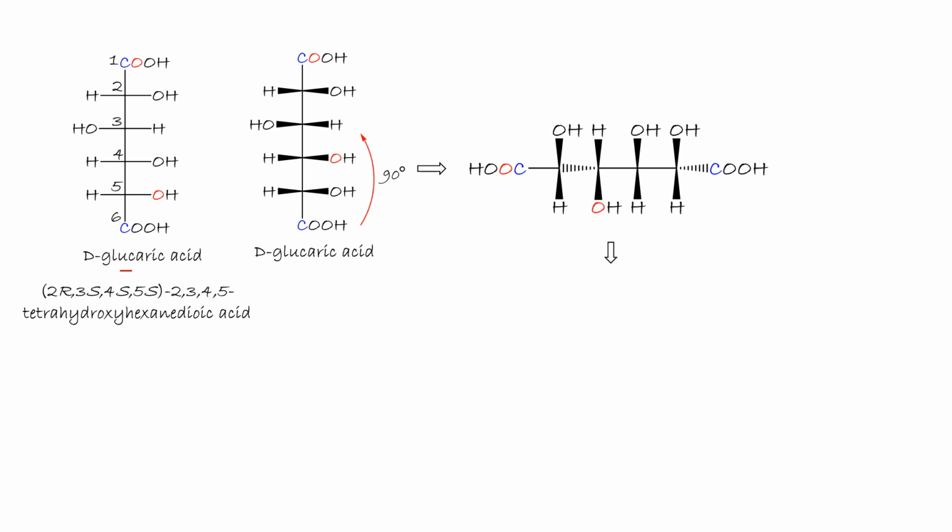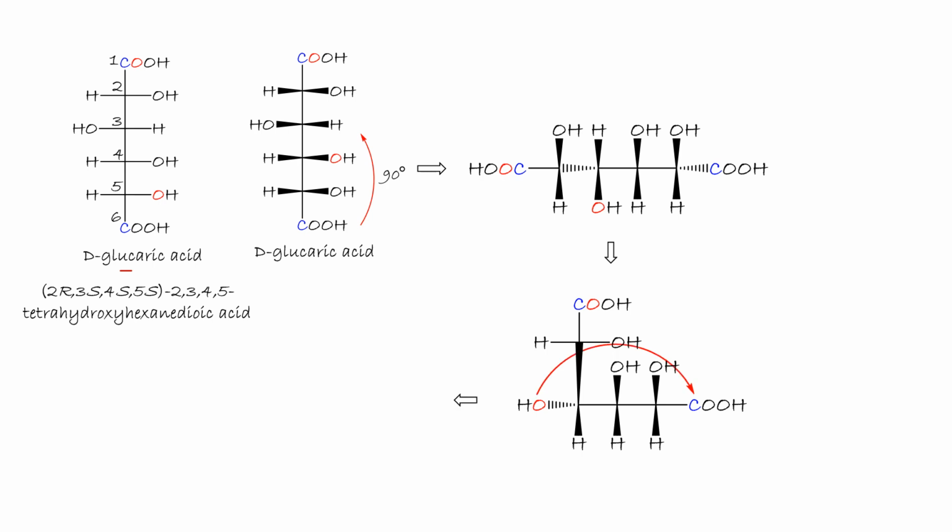Well, we rotate, we get this in the back. Now what we get out of the lactonization is, again, we did not touch carbon number 2, which is R configuration. So the product will be R configuration in here.